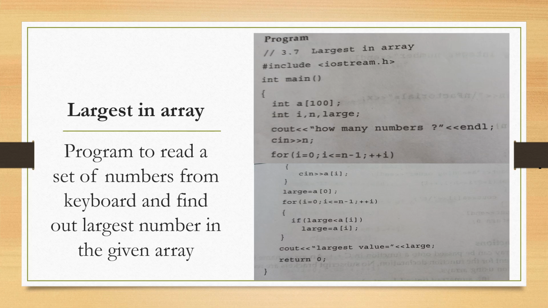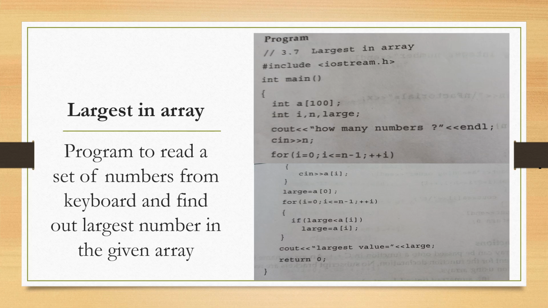Include iostream. This is the array we have defined, integer array A[100]. Then we define three variables i, n, and large. Now, how many numbers do we want to store in the array? First it will display a prompt and you give a number, say 15.